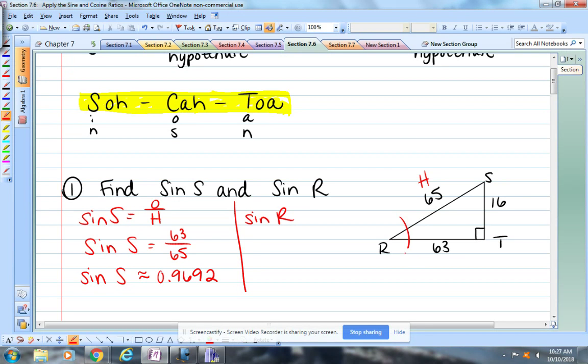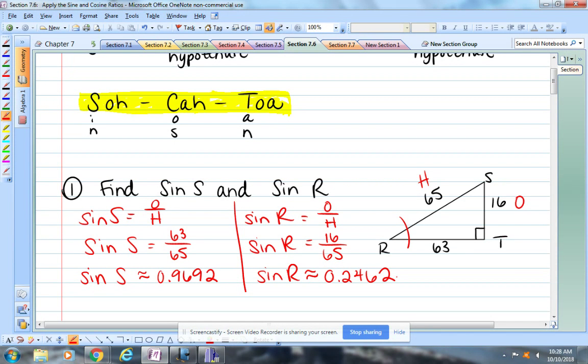What's the length of the leg that's opposite from angle R? Again, that's opposite over hypotenuse. 16 is opposite. And the hypotenuse is what? Still 65. So type in and get me the decimal for 16 divided by 65. Yeah, we're rounding it, so it's approximately 0.2462. Right? The 5 makes the 1 go up.